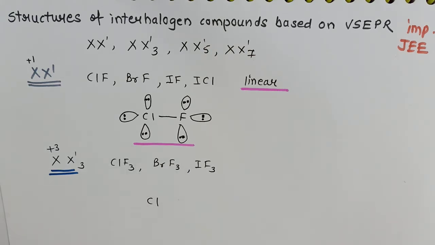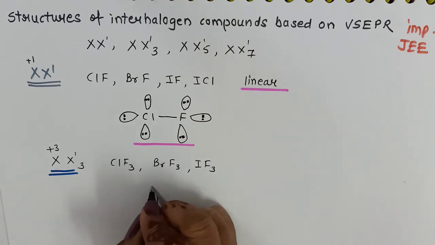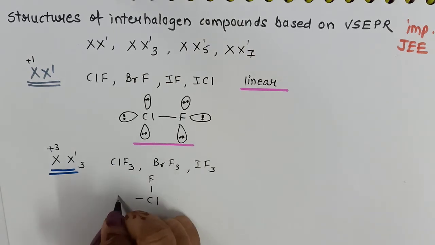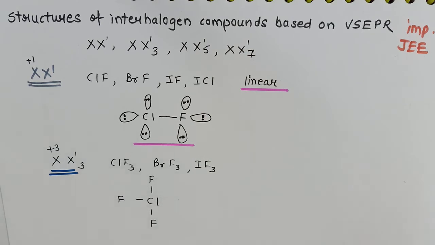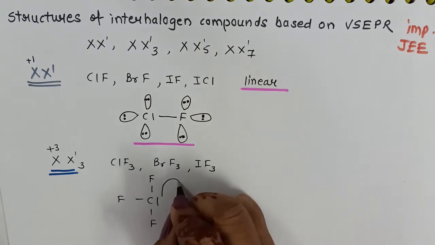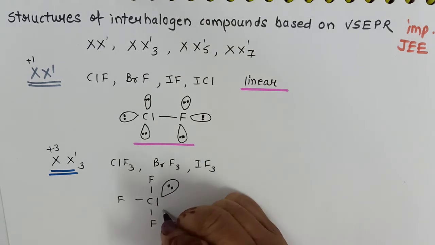Chlorine with its 7 electrons in the outermost shell will form 3 bonds with 3 fluorine, and then out of 7 electrons, 3 electrons are used and 4 electrons are left out. They will be as lone pairs. So chlorine will form 3 bonds with 3 fluorine atoms and 2 lone pairs will be left.